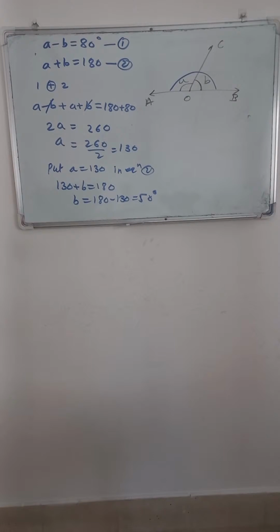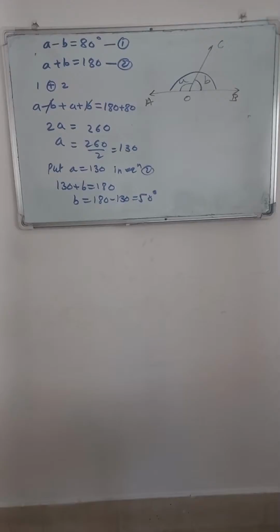If x is to y is to z is equal to 1 is to 3 is to 5, then find the degree measure of x, y, z.